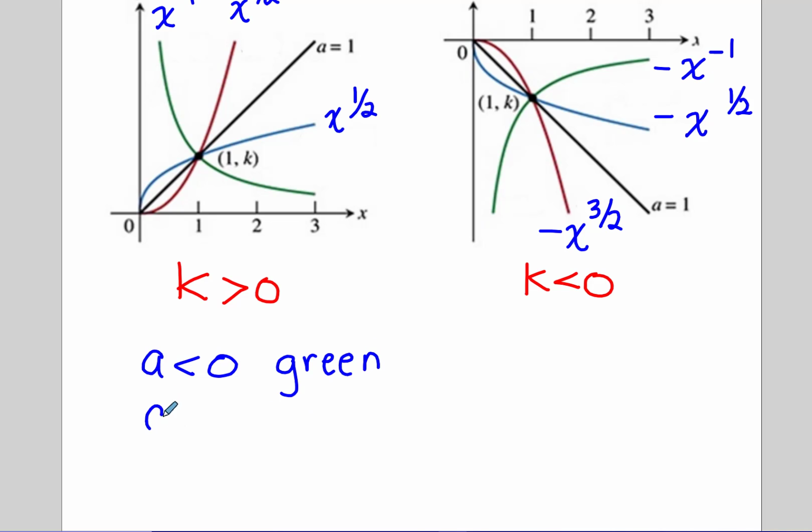The red graphs, the powers were bigger than 1, 1.5, and the behavior looked like the two red graphs.